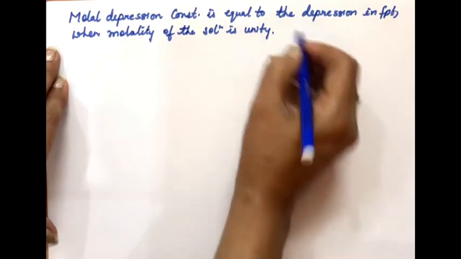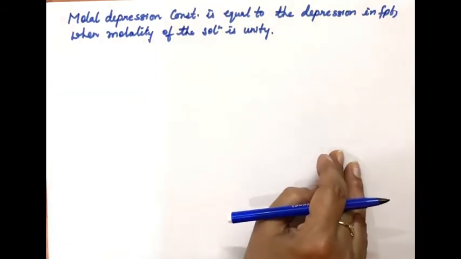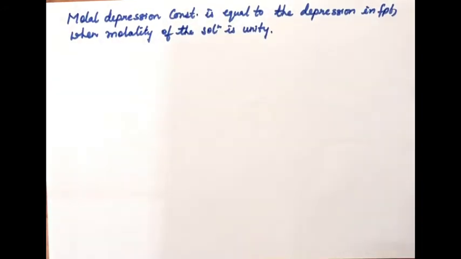So this is the first part of this colligative property that we have explained. What is depression in freezing point?